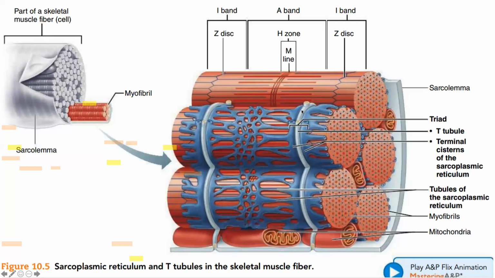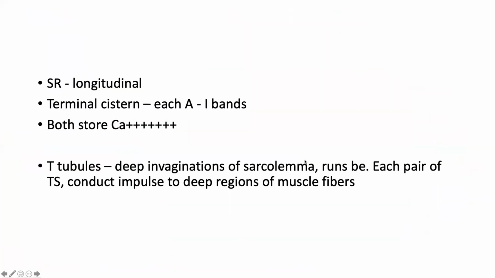In between, we have a T-tubule, which is nothing more than an invagination of the sarcolemma, the cell membrane equivalent, going deep into the sarcomere. So now we know that the sarcoplasmic reticulum is longitudinal and the terminal system is going horizontal. They both store loads of calcium.